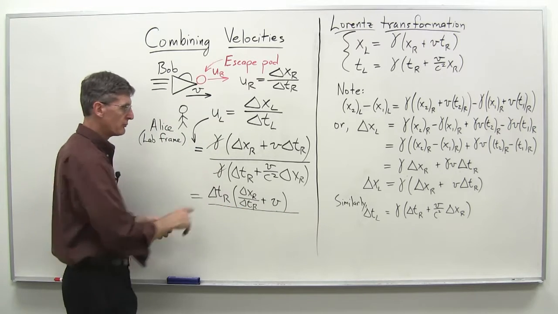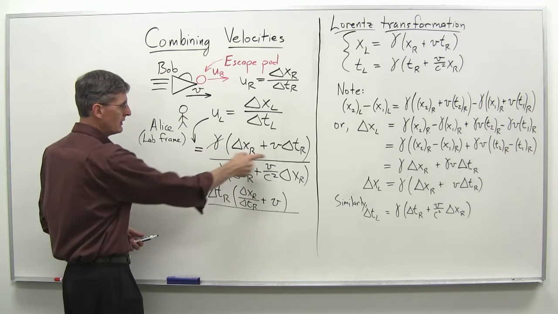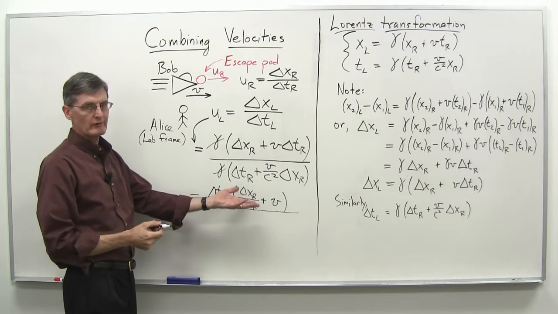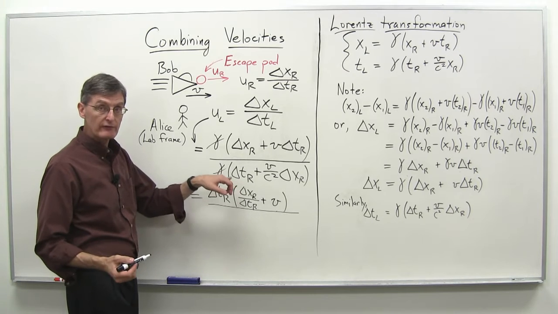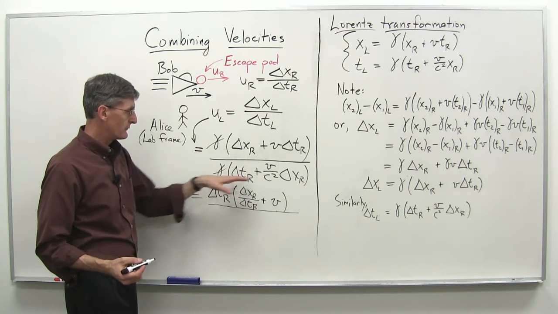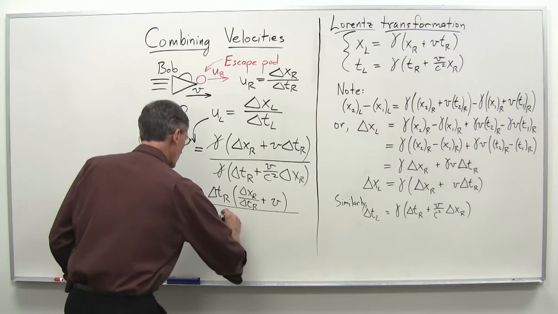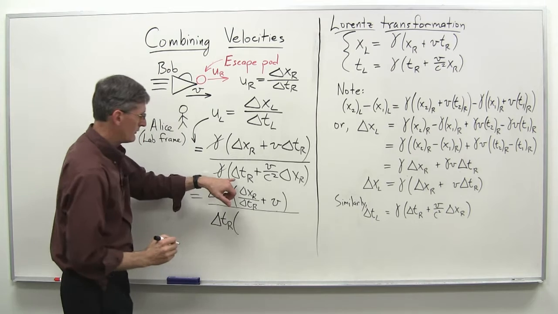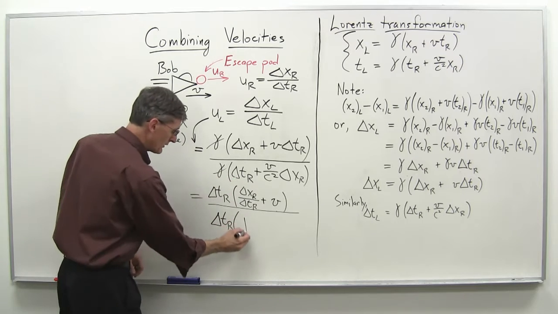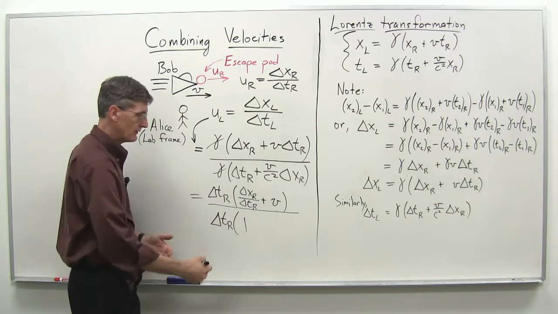Again, all I did was pull out the delta t sub r from this term and a delta t sub r from this term and rewrote it like this. Okay, just a little bit of algebra there. Now let's do the same thing for the bottom, the denominator. So we're going to pull out a delta t sub r. And this first term just becomes 1 then, because delta t sub r times 1 is delta t sub r.